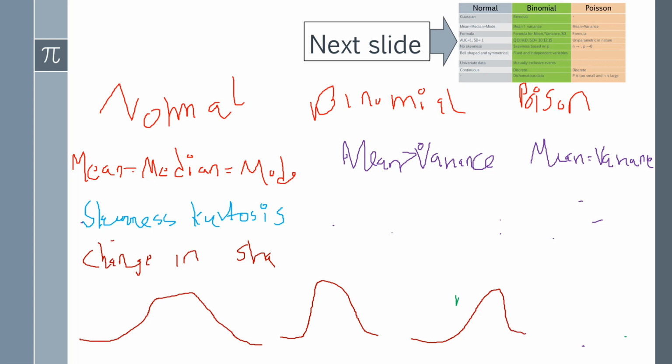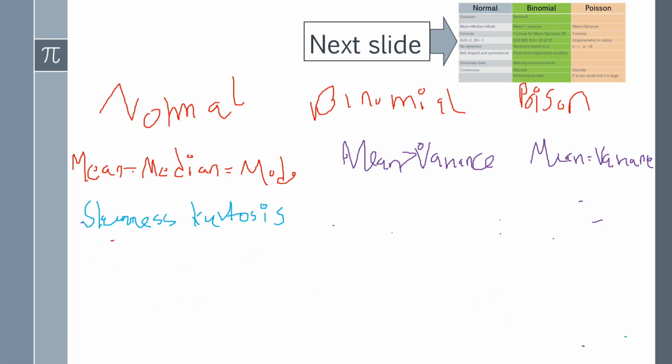So there is no skewness or kurtosis in normal distribution, but in binomial distribution there is skewness and kurtosis. It is based upon the p-value. This p-value is number of successes. We will discuss it ahead. And in Poisson's distribution, the skewness is again not very much seen. Okay, so this is one of the differences.